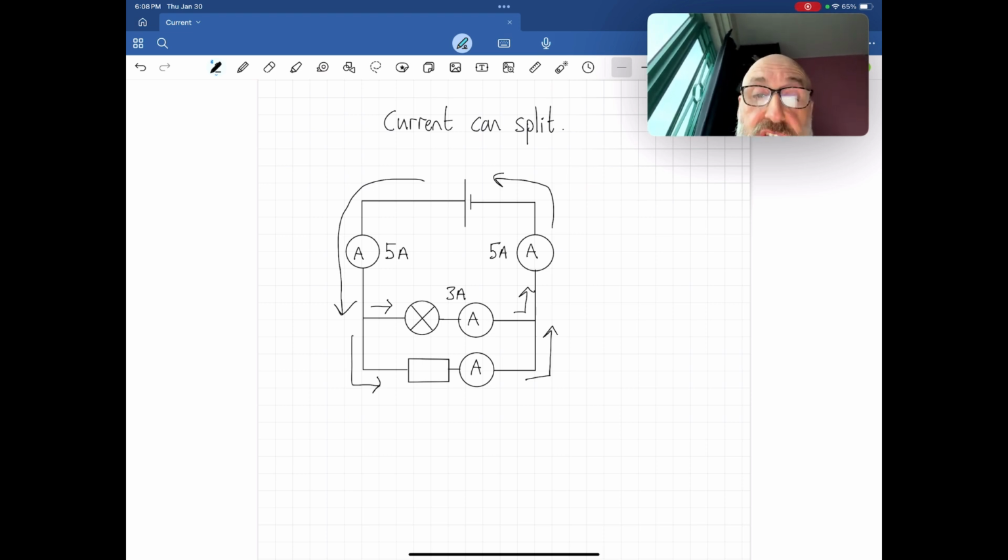Let's just imagine that it's 3 amps flowing through there. Well, we know for an absolute fact that this one must say 2 amps, because the 3 amps, the 3 coulombs per second, and the 2 coulombs per second, the 2 amps, must recombine again to make a total of 5 amps. So once again, the current does not run out, but it can split.